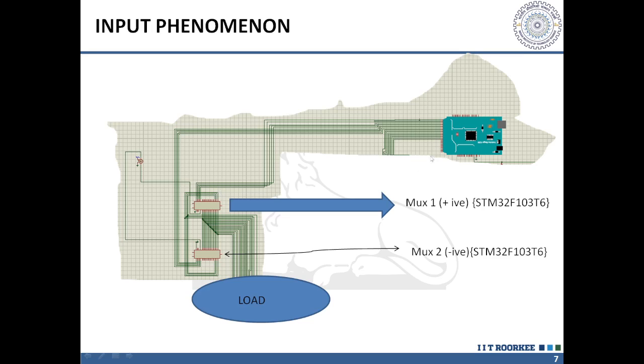In the same manner we will give a command to the second mux by selecting the value of the select line of mux 2.